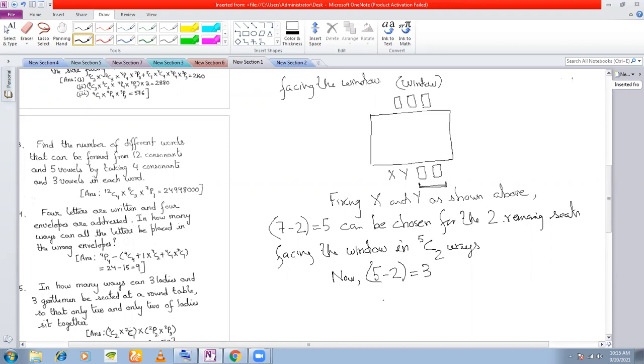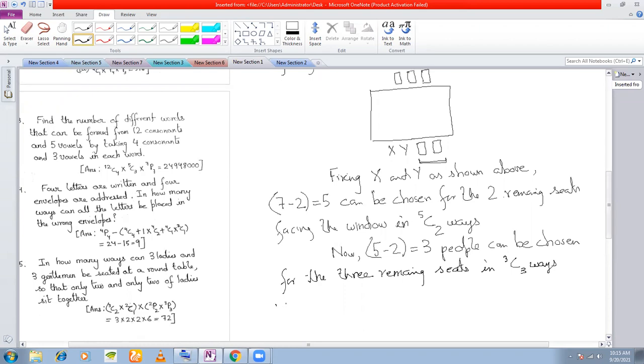Now 5 minus 2 equal to 3 people can be chosen for the 3 remaining seats, in 3C3 ways, right? Therefore, what is the number of ways in this case?